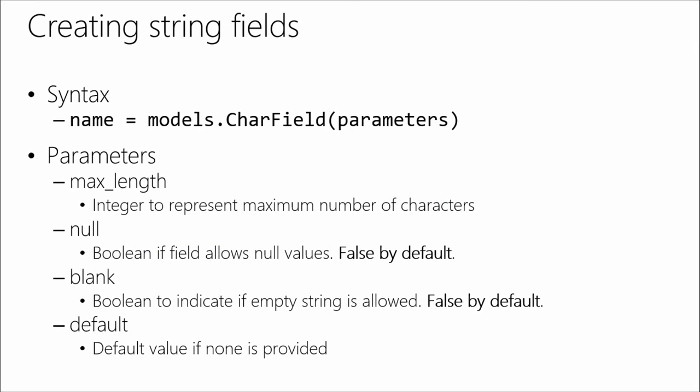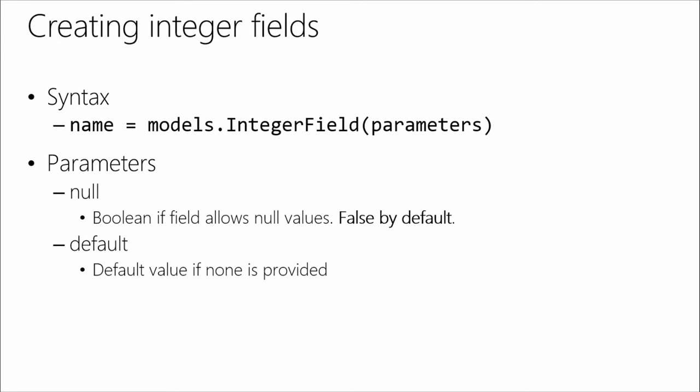Now, that's for a string field. What if you need a numeric field? Well, if you take a look at that line of code, name equals models, char field, parameters, the only thing that changes when you create an integer field is this little word here, integer field. So instead of .char field, we now say .integer field, because we're basically telling the models package, hey, this column I'm creating, and it's funny, now that I realize it's called name, I should have obviously updated that slide.